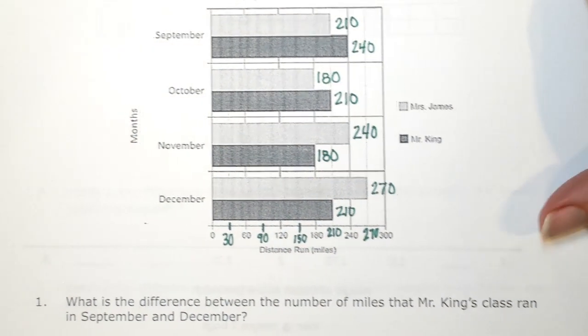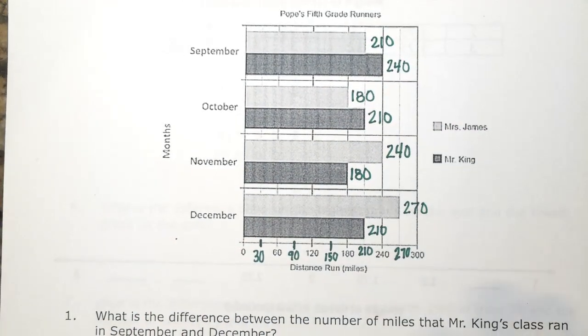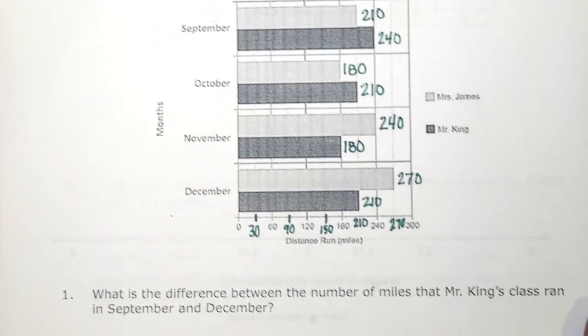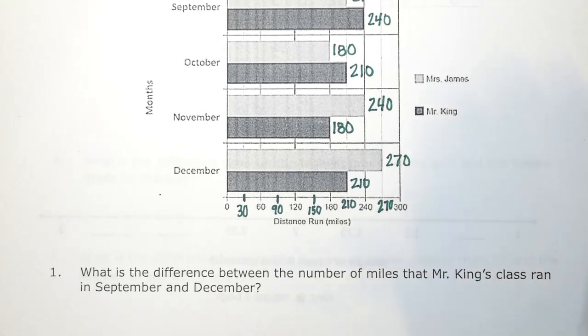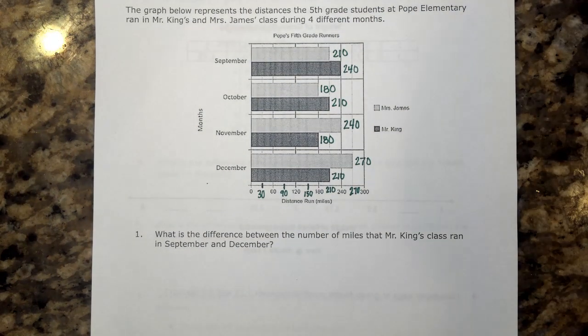So now that we have our table completely marked up, it's time for us to go and look at problem number 1. So I'm going to zoom out just a little bit. All right. What is the difference between the number of miles that Mr. King's class ran in September and in December?